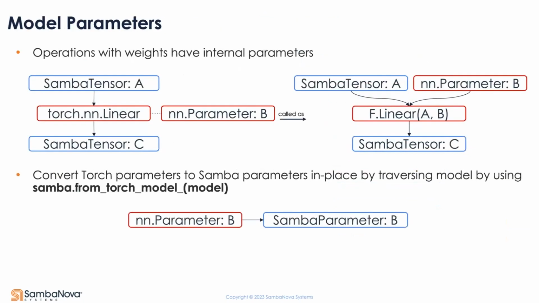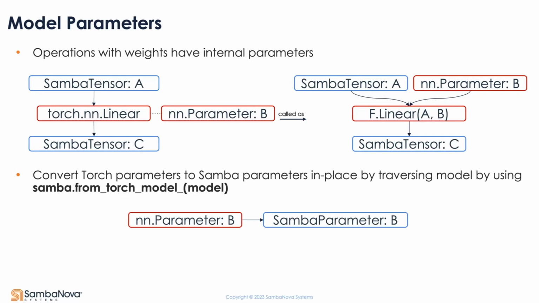And now model parameters, so the actual structure of your graph from PyTorch. Operations with weights have internal parameters. For example, here, linear being an operation with weights will have various parameters associated with it, any given number.